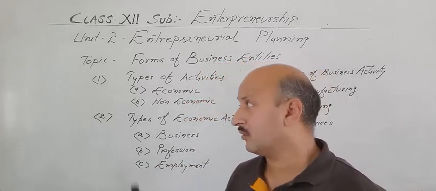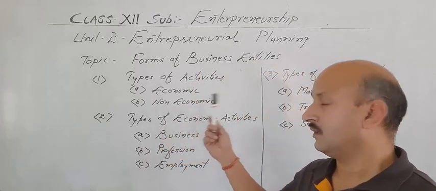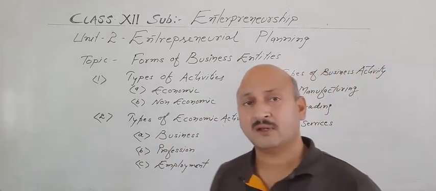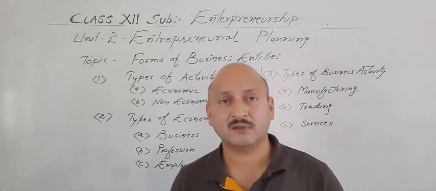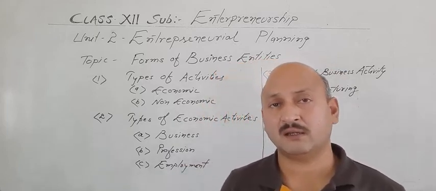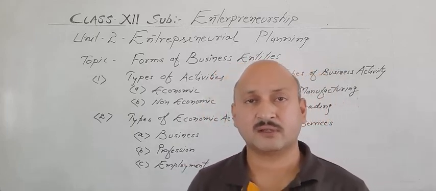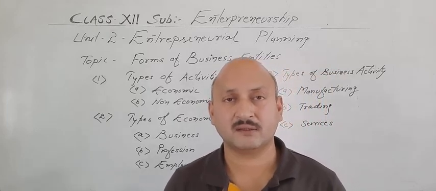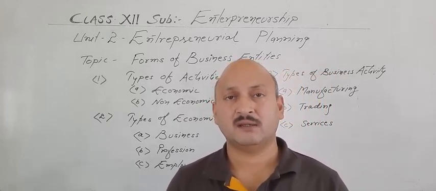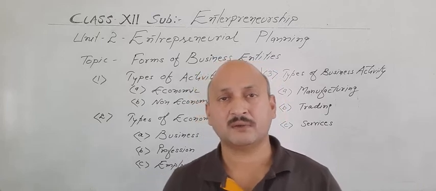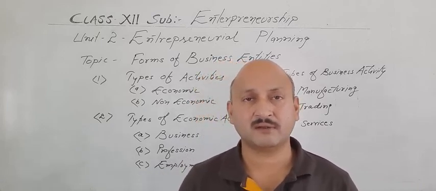Then what are non-economic activities? In non-economic activity, we include those activities which do not give us any income, like social services, or we can say charity, any charitable work for the benefit of the society.